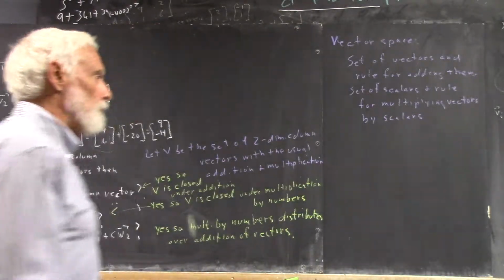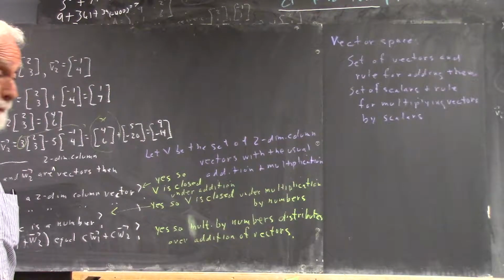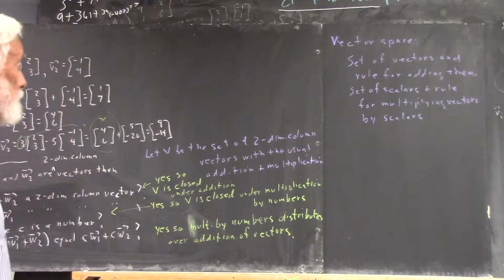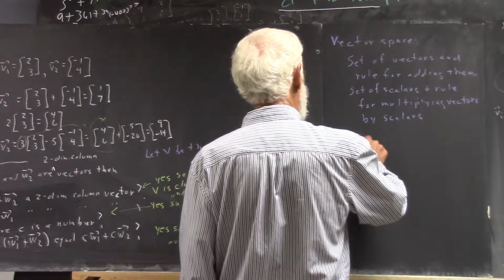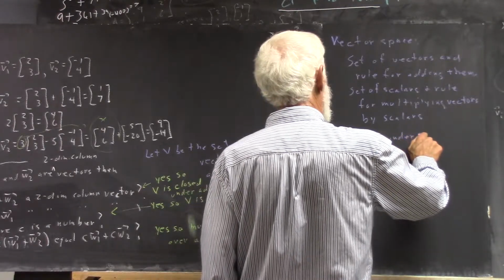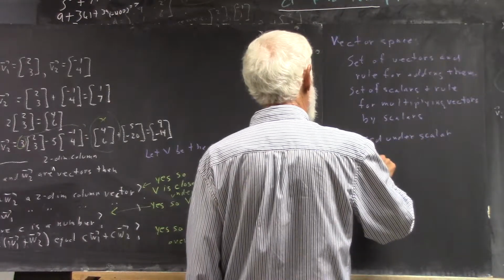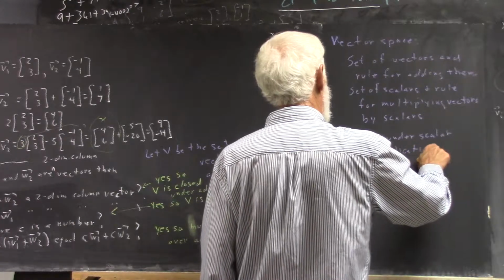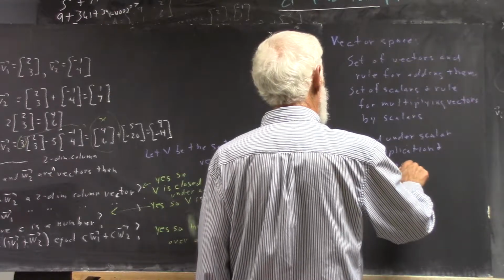Set of scalars and a rule for multiplying vectors by scalars. Okay? It's closed under scalar multiplication, and vector addition.